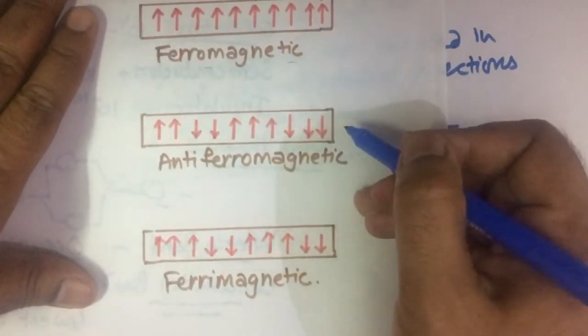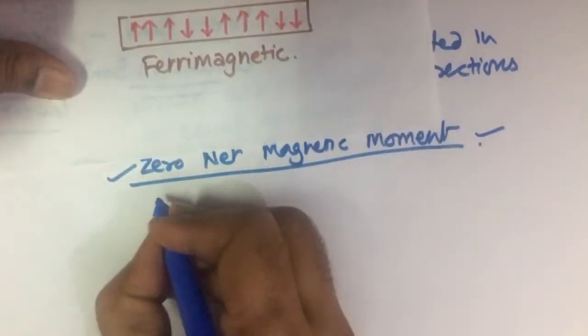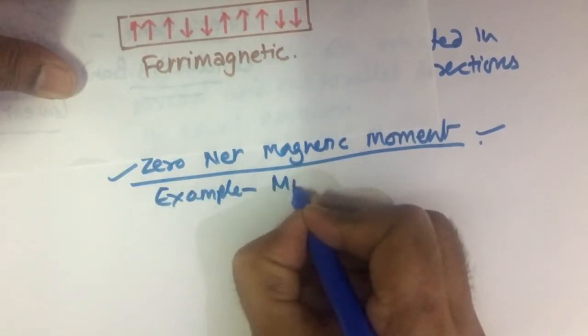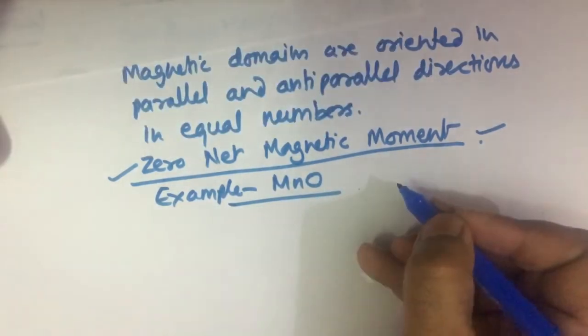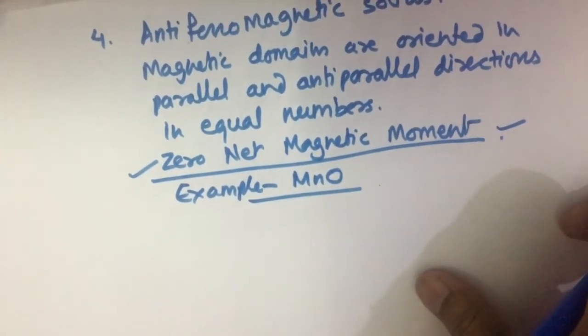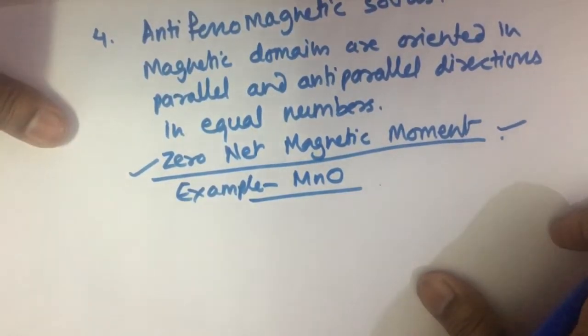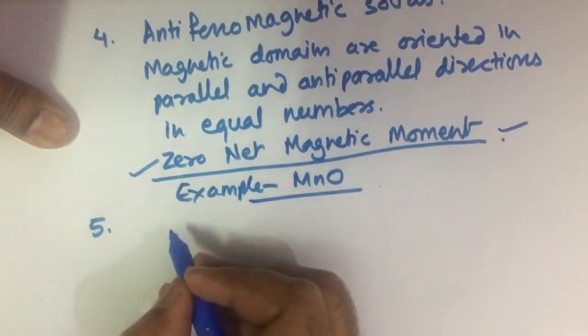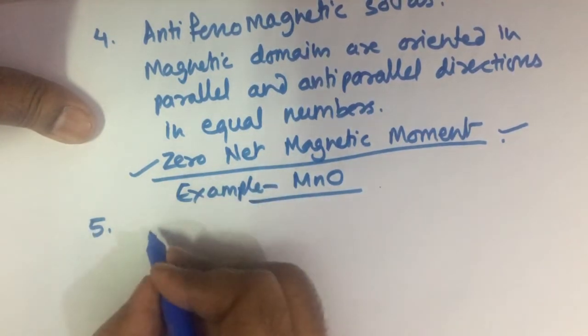An example is MnO. Manganese oxide is an example of an antiferromagnetic substance.